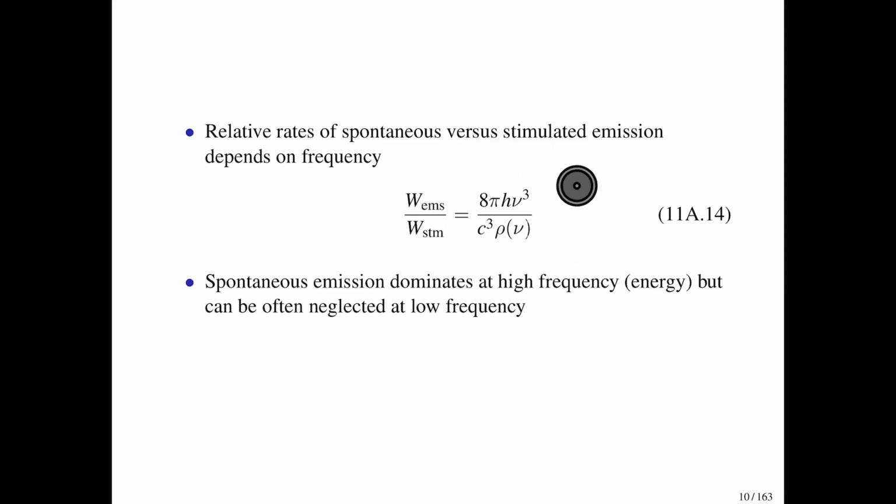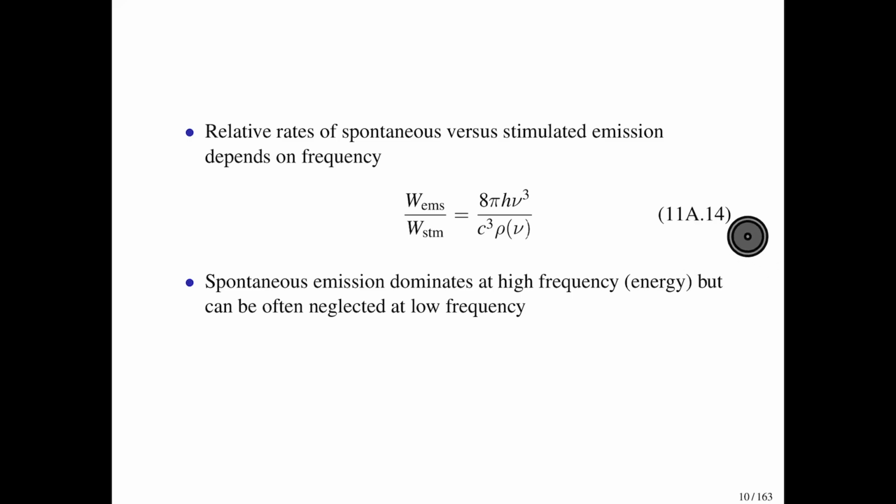And what we note is that the ratio of spontaneous to stimulated emission depends upon the frequency cubed, in fact. And what that tells you is that at higher frequencies of emitted light, the bulk of the emitted light will be spontaneous, but at lower frequencies, when nu is small, then more of the emitted light will be stimulated emission.